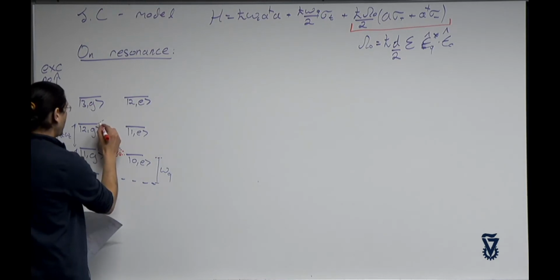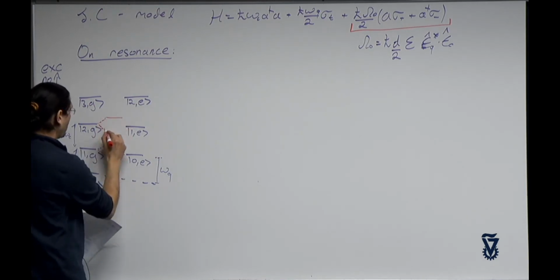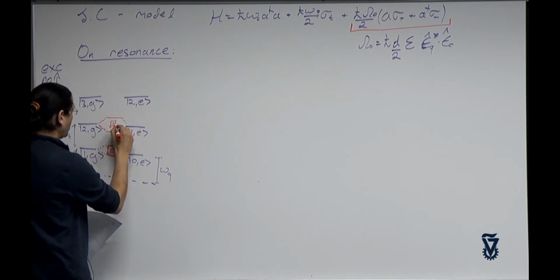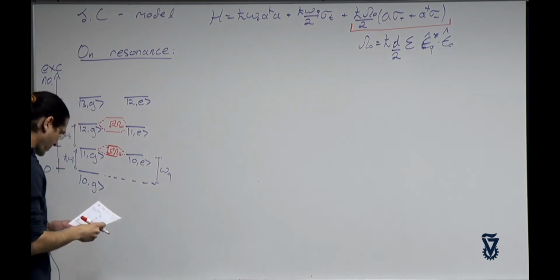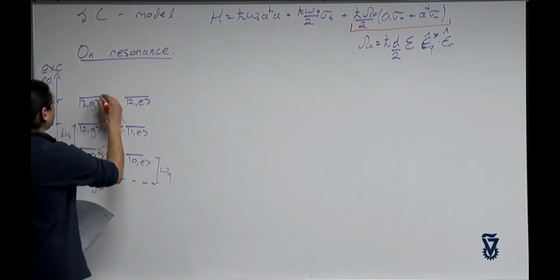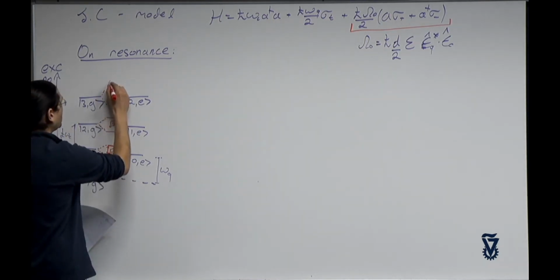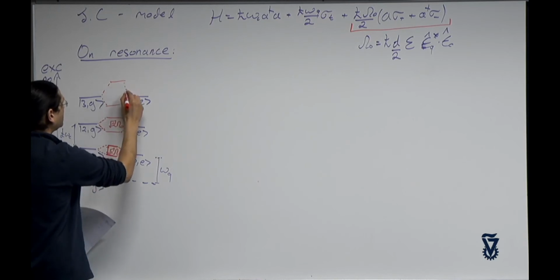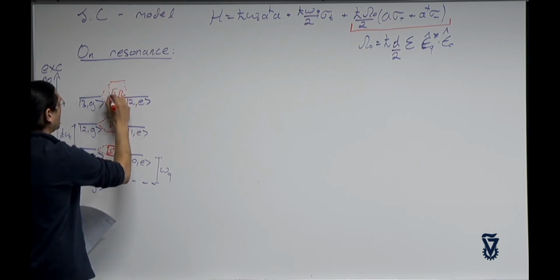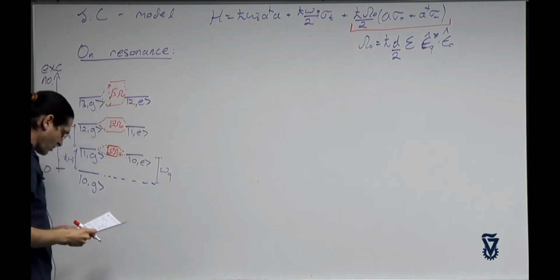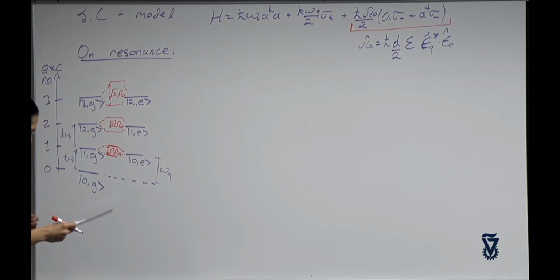These two levels over here are going to be separated by square root 2 of omega naught. And these two levels here are going to be separated by square root 3 of omega naught.